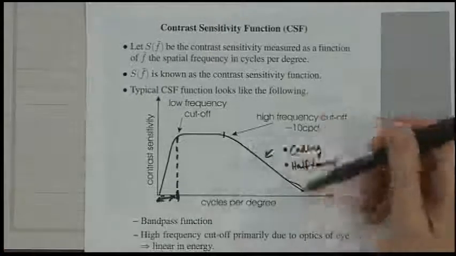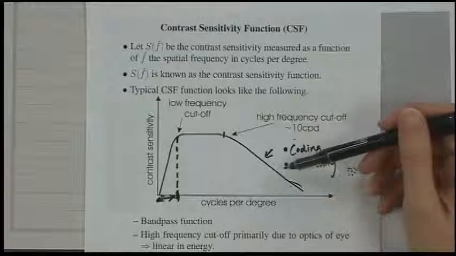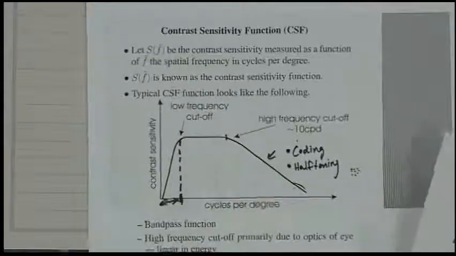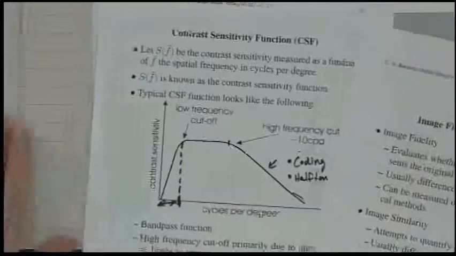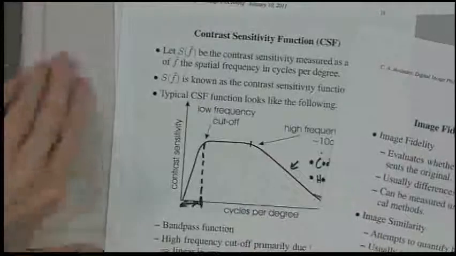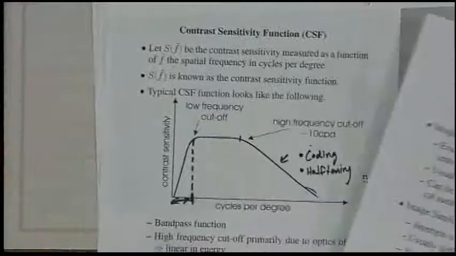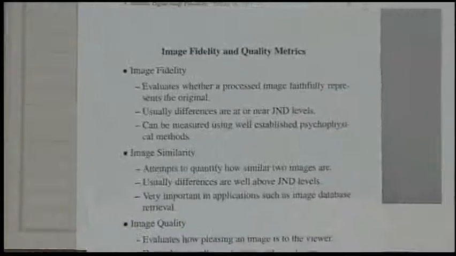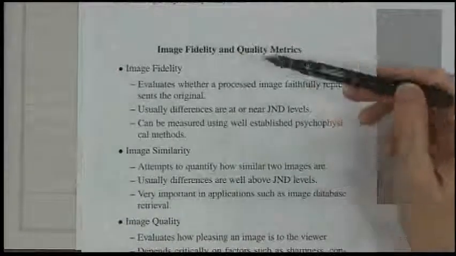So in both those cases, this portion of the response becomes very important, so it's important to have that well modeled. As we design imaging systems to exploit these things, we're going to have to quantify that response. So that gets into this idea of fidelity metrics.